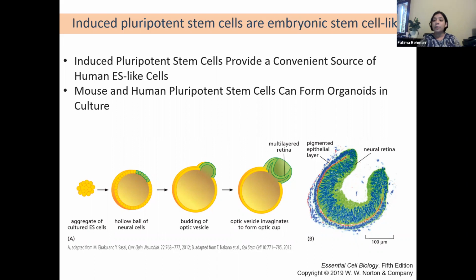You can also sometimes take specific types of normal cells and induce them to become pluripotent stem cells by de-differentiating them. So these induced pluripotent stem cells are a very convenient source of human embryonic stem cell-like cells, and they can be used to form organoids in culture.